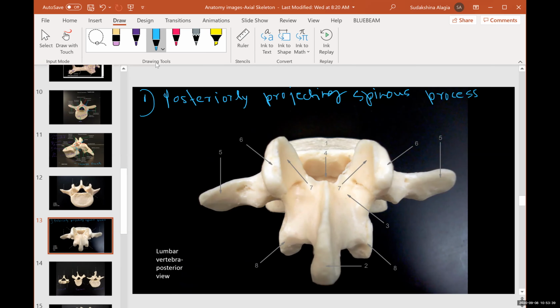If you look at the superior, this is the superior articular process. And then this is the superior articular facet.